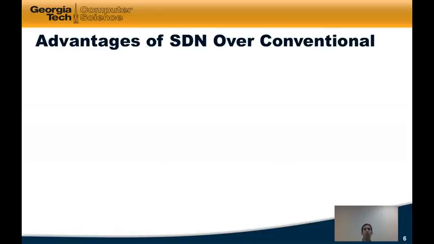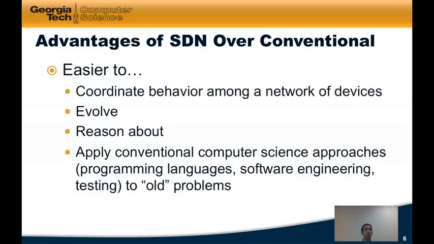So what are the advantages of software-defined networking over conventional network architectures? Well, first of all, SDNs are much easier to coordinate. In particular, a network operator can write a program that allows the behavior of different network devices to be coordinated.